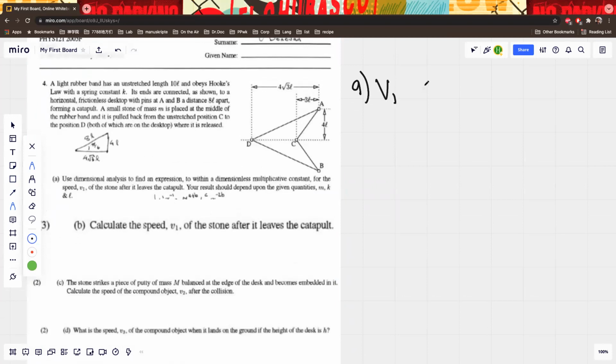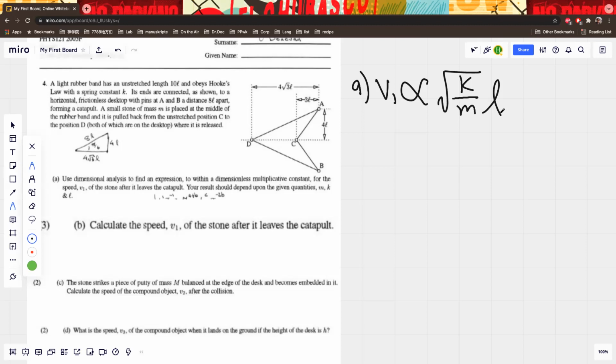We got V1 is proportional to the square root of K over M times L, right? Yeah. We started to do B, but we didn't quite finish because we had this Pythagorean theorem to get the length of the elastic band and all that, right?